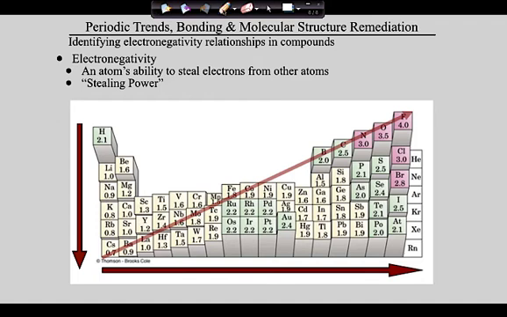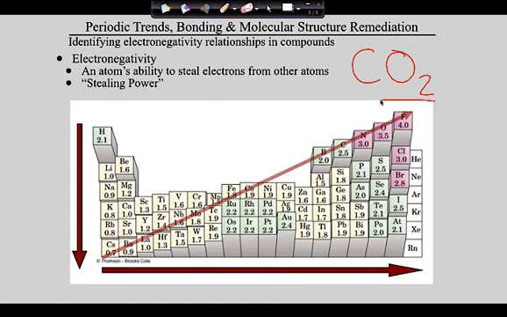So for example, looking at the examples that we did previously, if you have carbon dioxide, looking on your periodic table, you'll notice that oxygen is to the right of carbon, and given the trend that they get stronger to the right, that would make oxygen more electronegative than carbon. So on the test, if it asked you which one is stronger, you would simply say the one on the right, the oxygen.